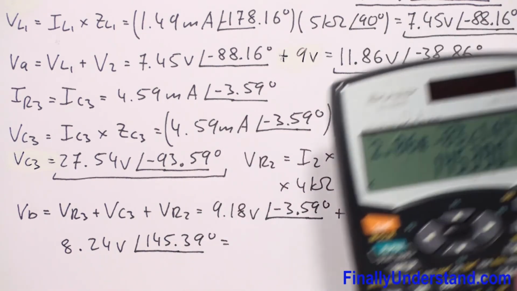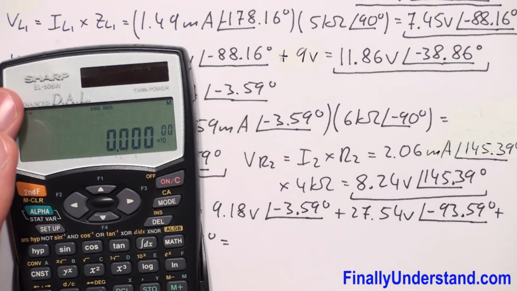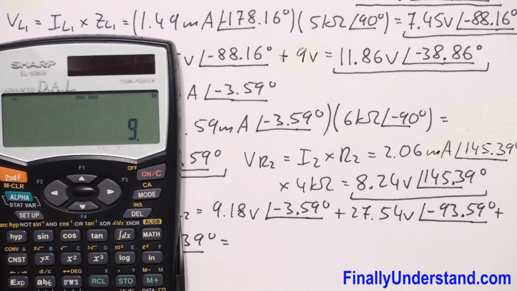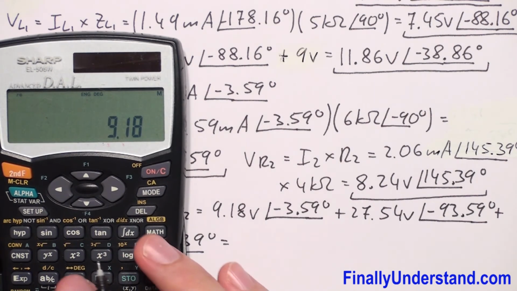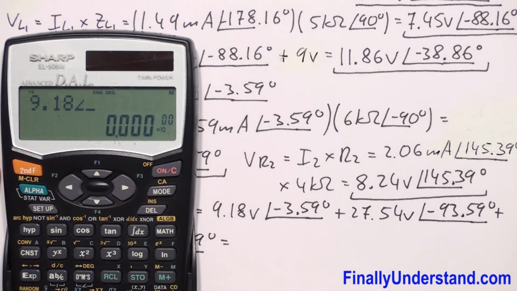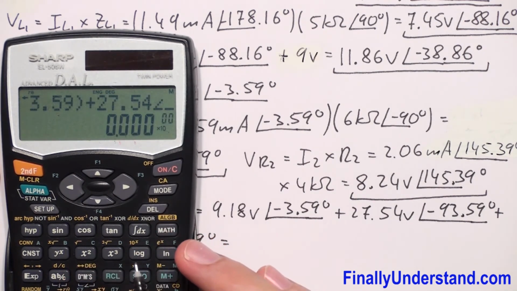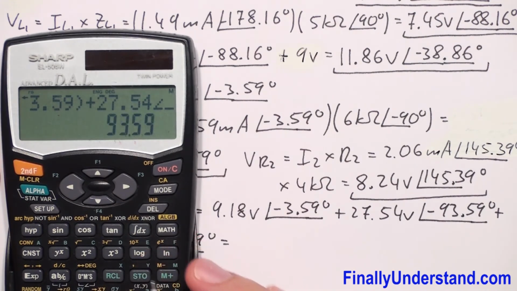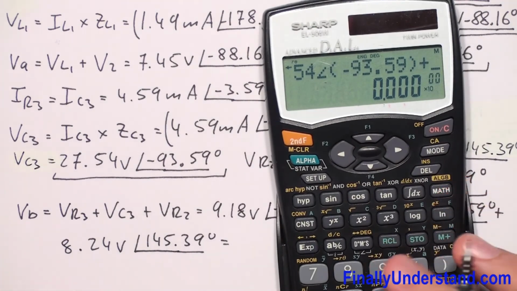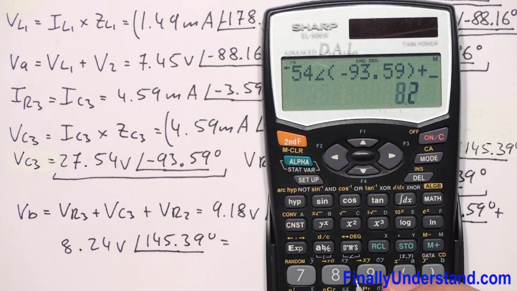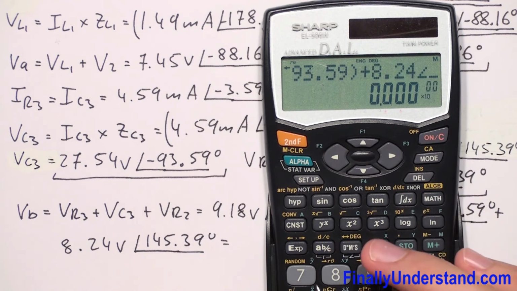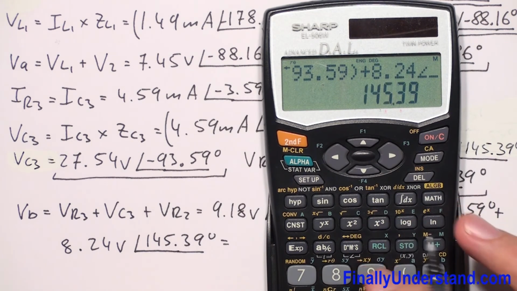Okay, let's use the calculator. So we have 9.18 and angle of negative 3.59 plus 27.54 and angle of negative 93.59 plus 8.24 and angle of 145.39.